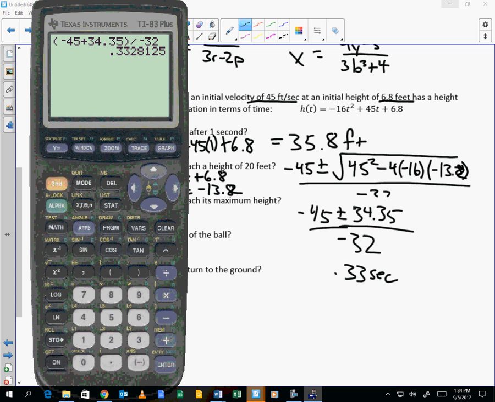So that's when it's on its way up, right? At 0.33 seconds, it reaches a height of 20 feet on the way up. Now, I type that expression in once. I'm going to do the same thing, except it's going to be a subtraction sign. Second entry, and then I could just scroll back here and change that plus to a minus.